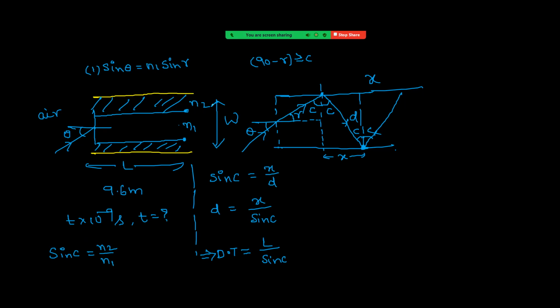Because the condition is given that N1 is greater than N2, traveling from denser to rarer medium. Now substitute values in that. N1 value is 1.5, N2 is 1.44. So we have here the sin C value. And L value is given as 9.6.